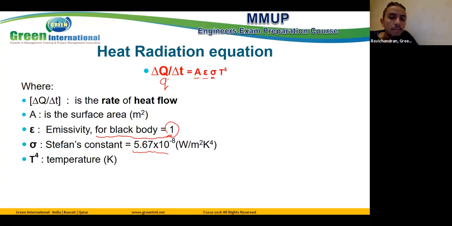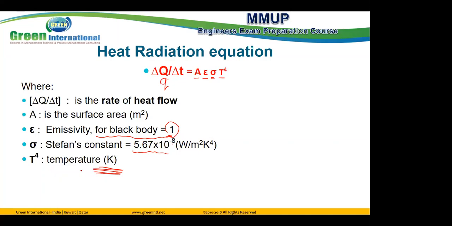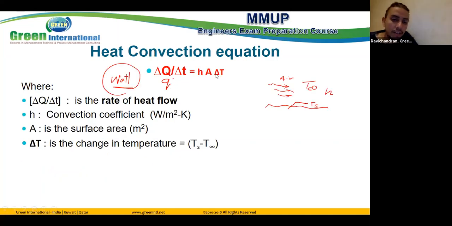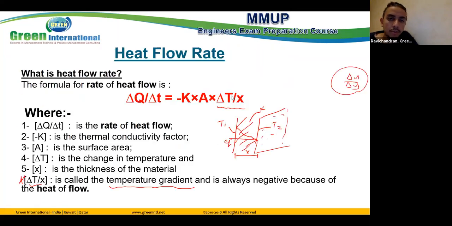Easy to remember: 5, 6, 7, 8. Then temperature T to the power 4. Be careful: this temperature must be in Kelvin. For the previous ones there is no problem, because with delta T, Kelvin or Celsius is not a problem.